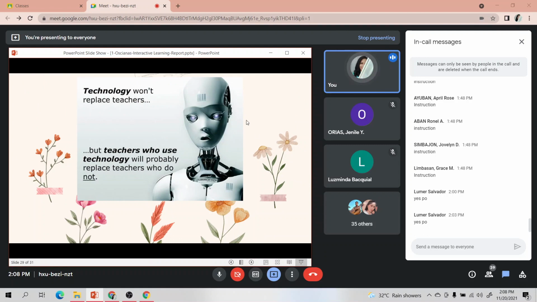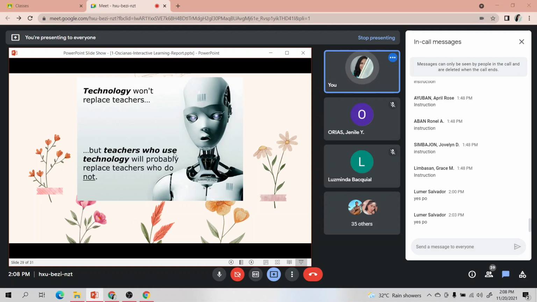Okay, so next. Before I end my discussion, let me leave you this quote from Anonymous. Technology won't replace teachers. So we were asking if technology can replace the teacher. No, it cannot.